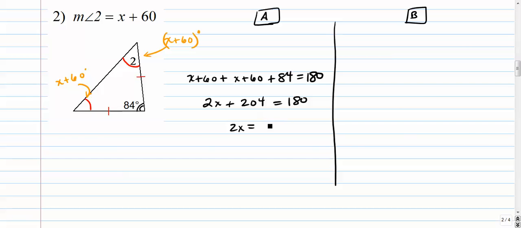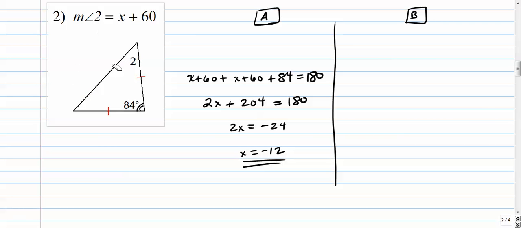Subtract 204 and we get -24. 2x is -24, so x is -12. So that's method A. X is -12.